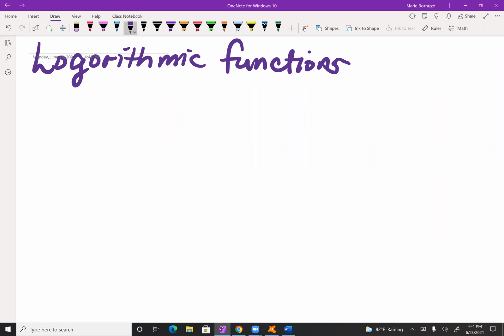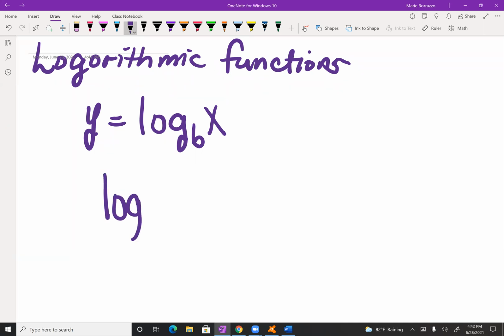Okay, so one of the first things that you need to know is what a logarithmic function is. It basically looks like y equals log base b of x. As an example, let's say I have log base 2 of 8 equals 3.